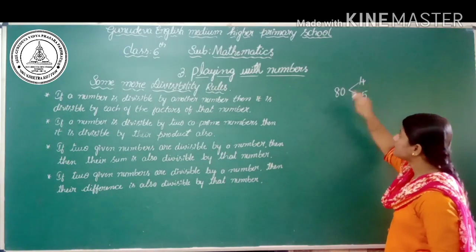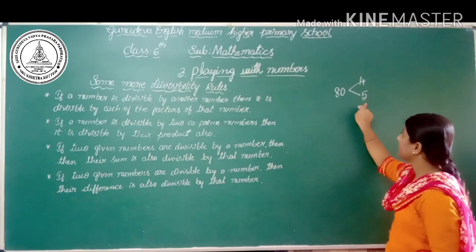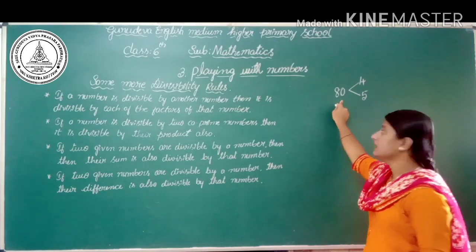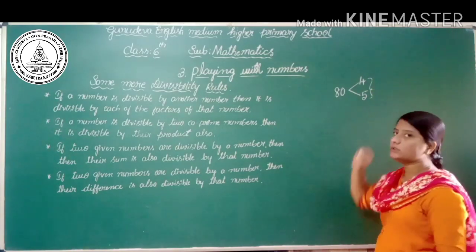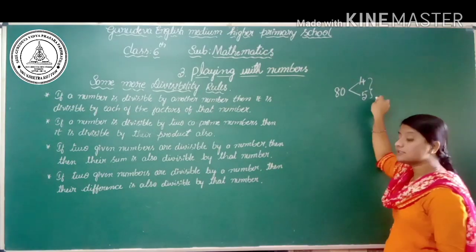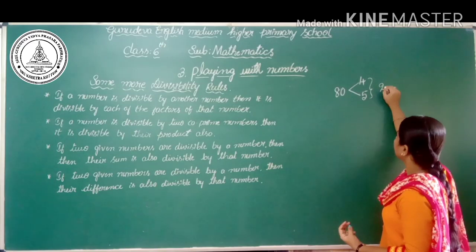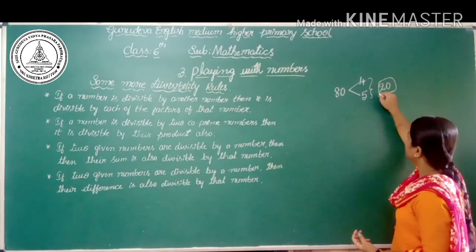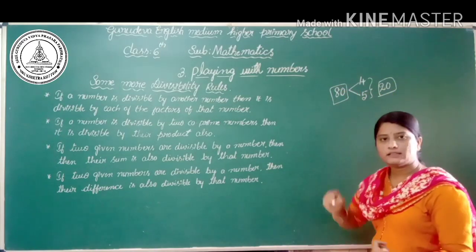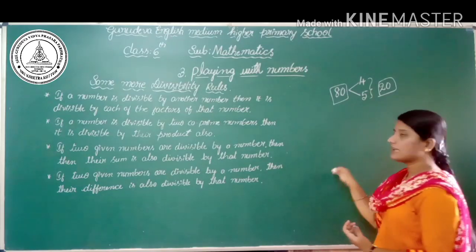Here 4 divides 80 and 5 also divides 80. Then the product of these two co-prime numbers is 5 times 4, 20. So this also divides the given number. Yes, it is the second rule.